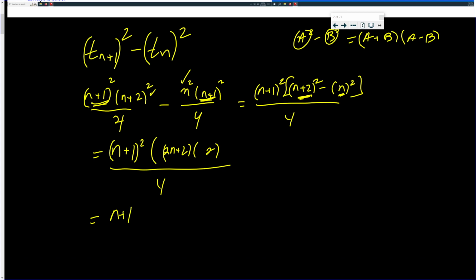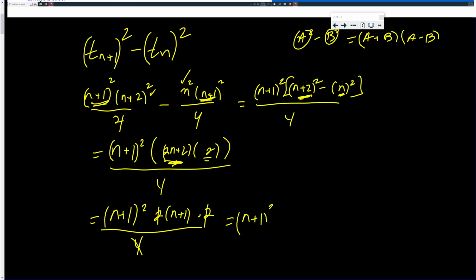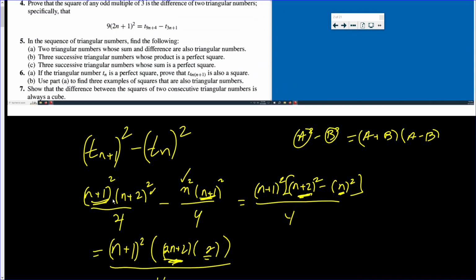We have (n plus 1) squared. From this factor, I can pull out a 2 when I get (n plus 1) times another 2, all over 4. Well, 2 times 2 over 4 disappears. So we have (n plus 1) squared times another copy of (n plus 1). This is (n plus 1) cubed. So it really is true.